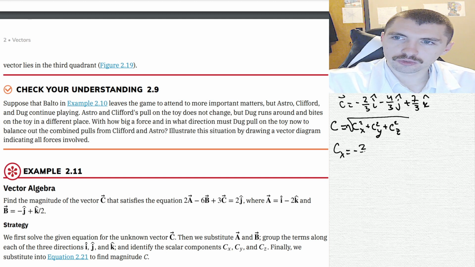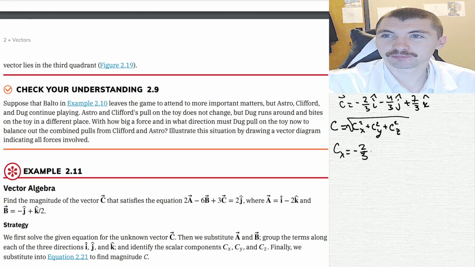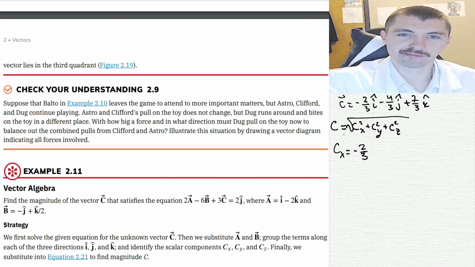So -2/3. Would it just be cosine 1? Hmm.